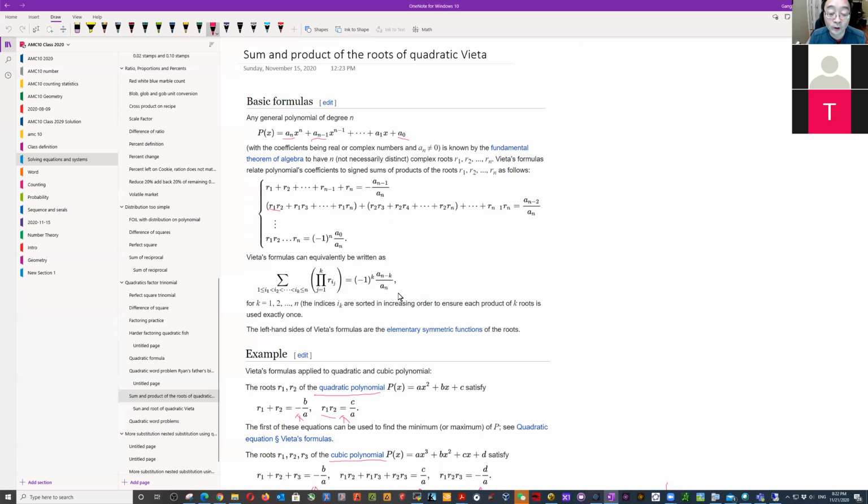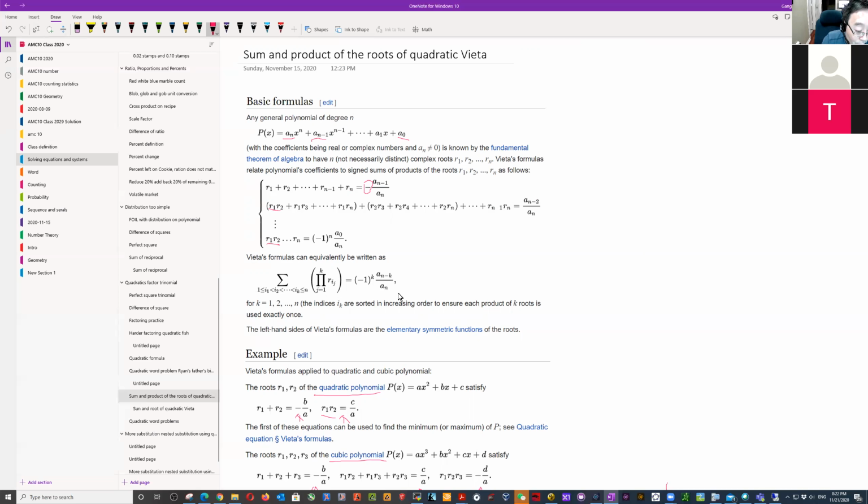Any way you can make products and add them together equals the next coefficient over the leading one, with no negation. So it alternates: negative, positive, negative, something like that.